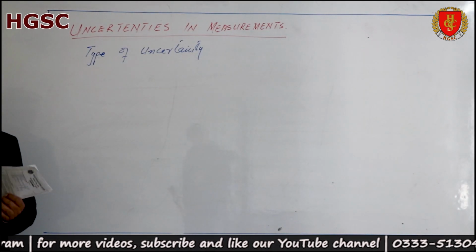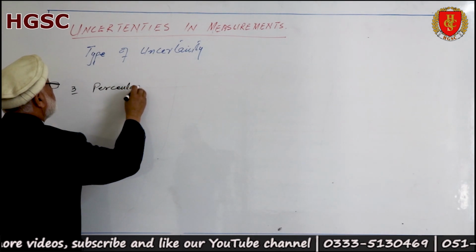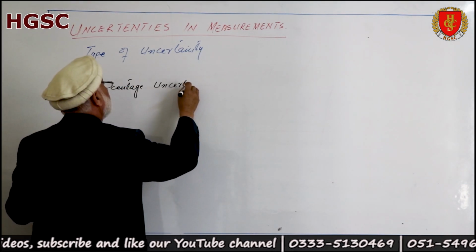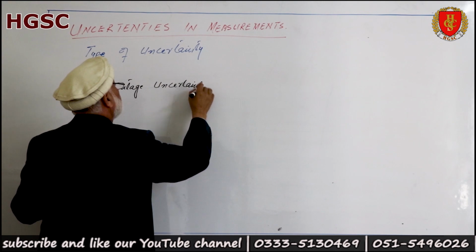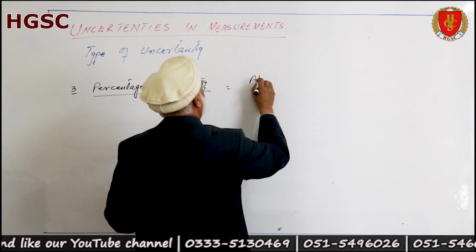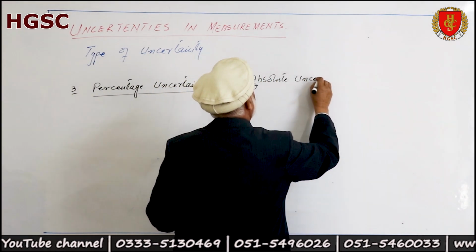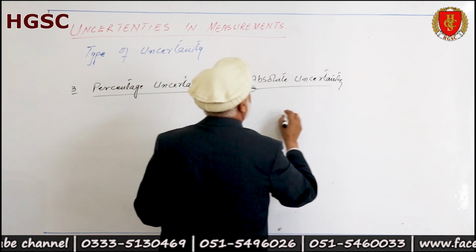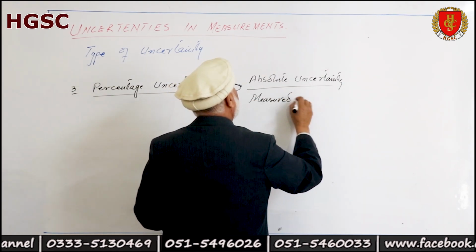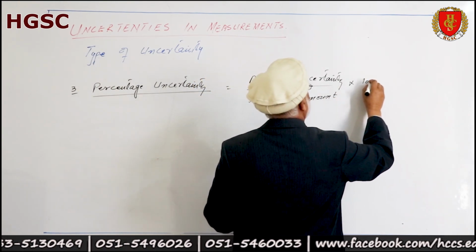Then there is percentage uncertainty. Percentage uncertainty is equal to absolute uncertainty divided by measured amount, multiplied by 100.